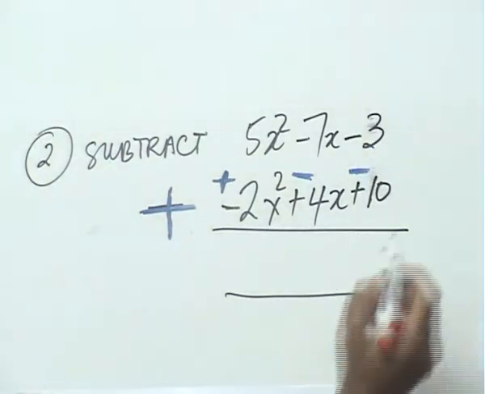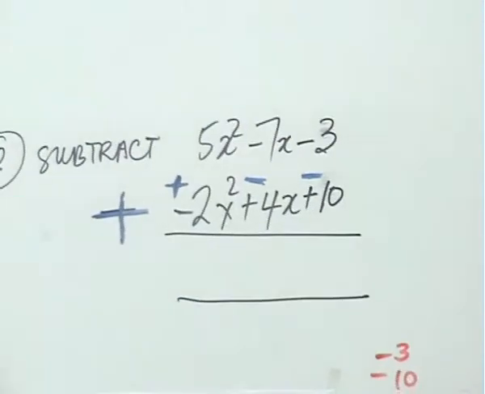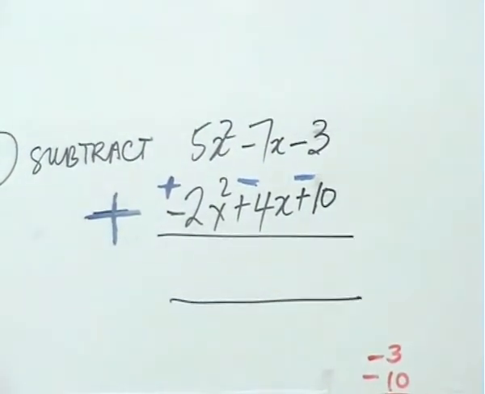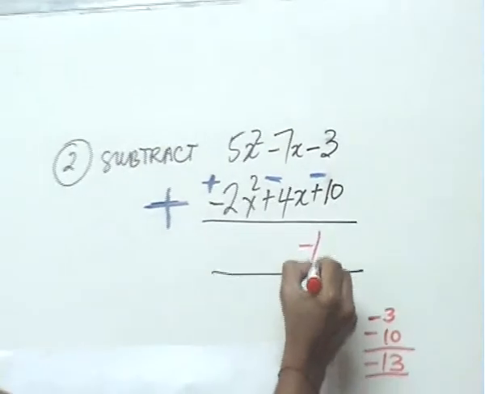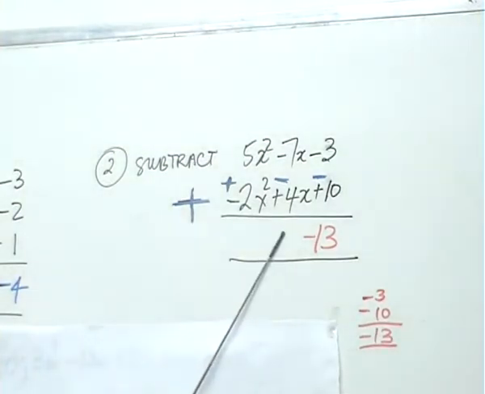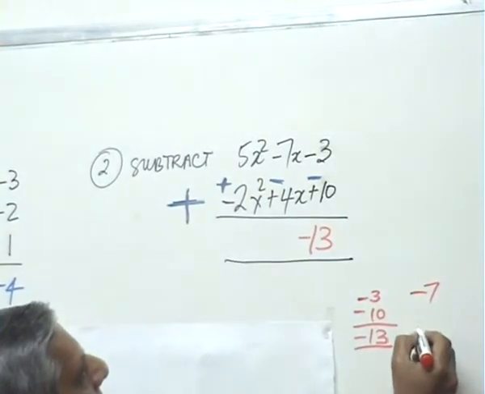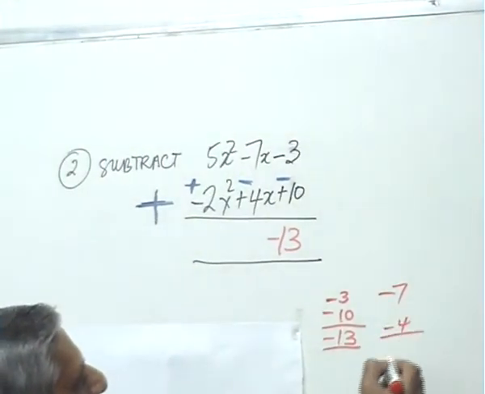So if I start here, you got minus 3 and minus 10. You're adding it up, you get minus 13. So this one is minus 13. Then if you look here, the second column or the middle column, you've got minus 7 and minus 4.